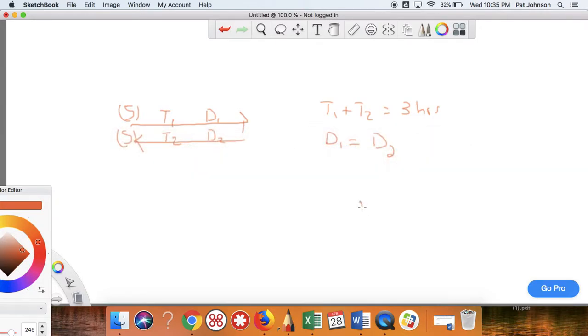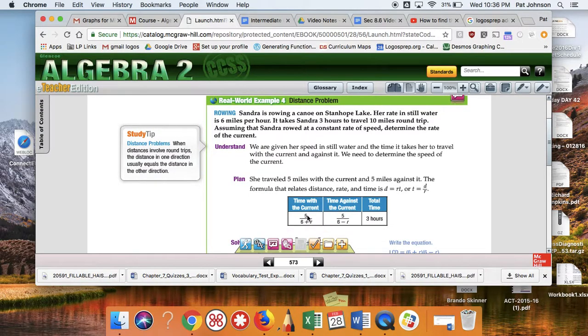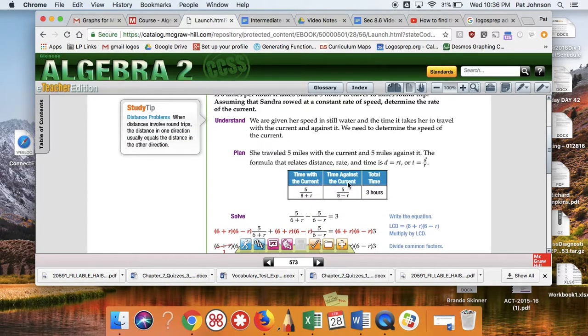So time equals distance over rate, right? Let's look at this now. So time with the current, the distance is 5 for both of these. This is against. We know in still water her rate is 6. If you're going with the current, you add the rate of the current because it's going to make you go faster, right?